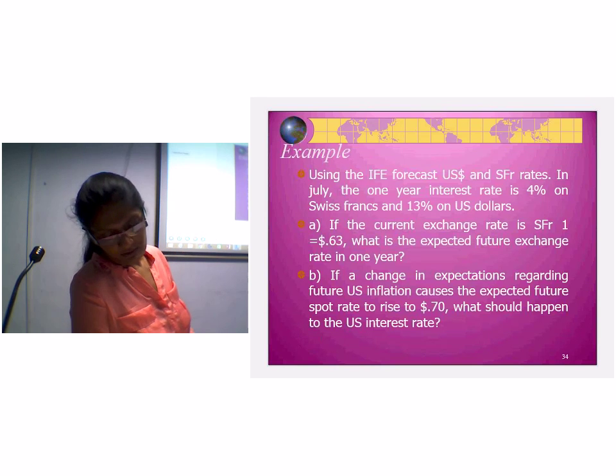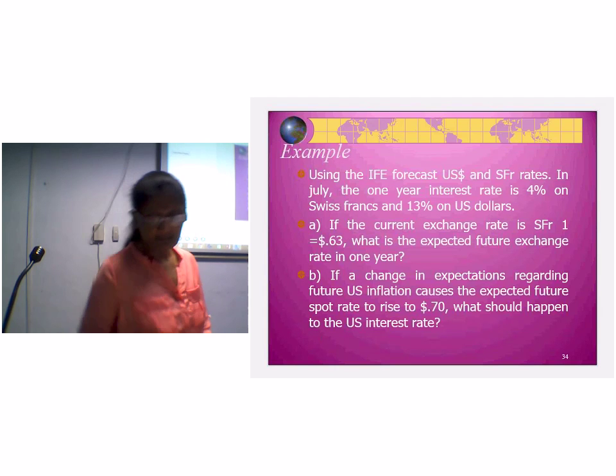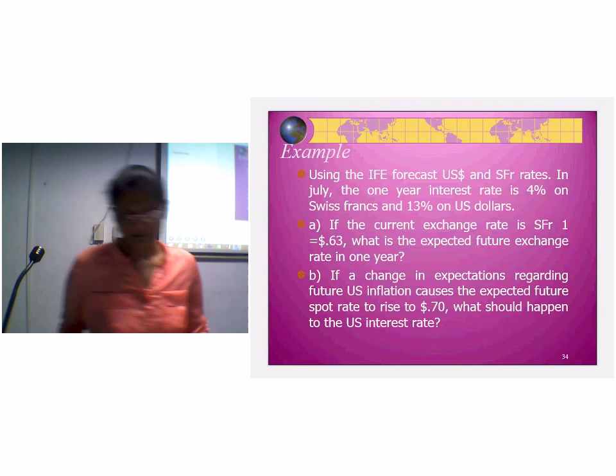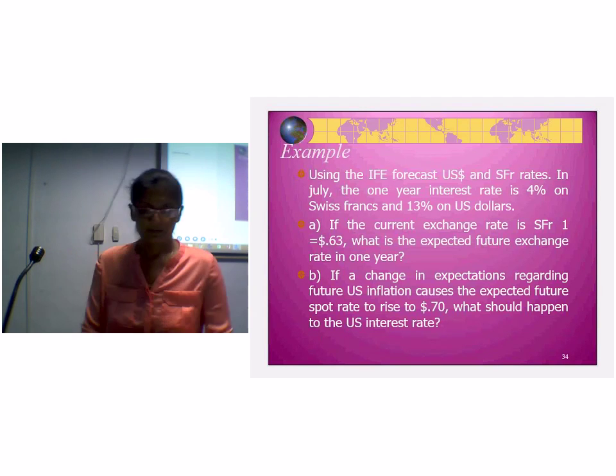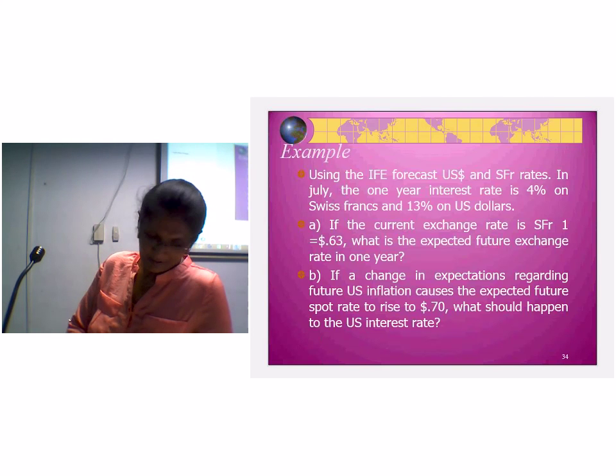The 1 year interest rate is 4% on Swiss francs and 13% on US dollars. Alright. If the current exchange rate is 1 Swiss franc equal to $0.63, what is the expected future exchange rate in 1 year?